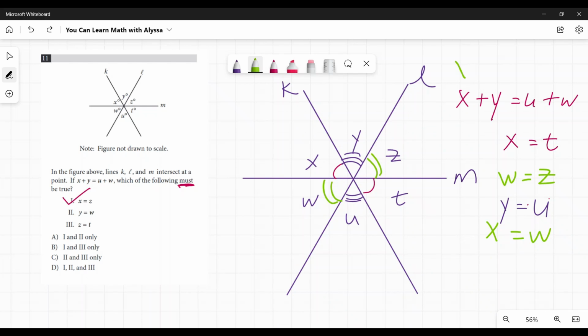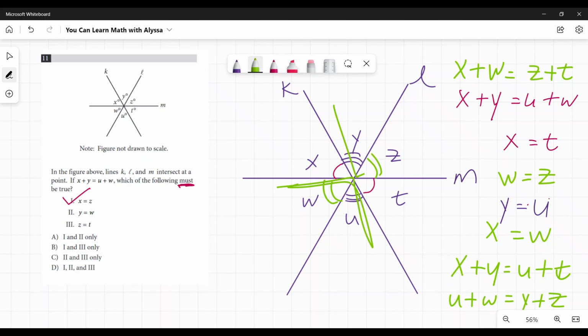So you can do all these combinations like X plus W equals Z plus T. Or you could say X plus Y equals U plus T. That you can say U plus W equals Y plus Z, because it's U plus W, Y, Z. These are all these combinations that we can do. But if you go through all these, there's no way to just get Y and W. There just isn't.